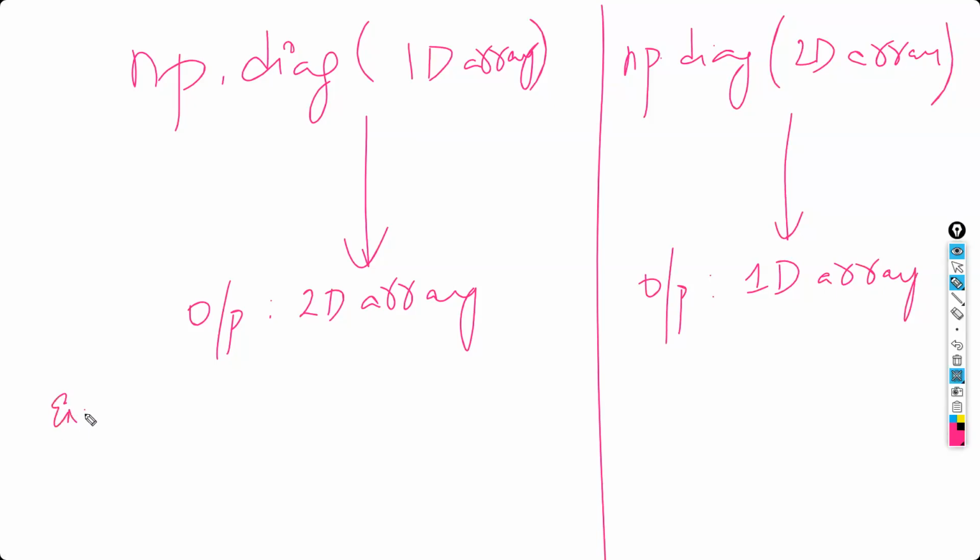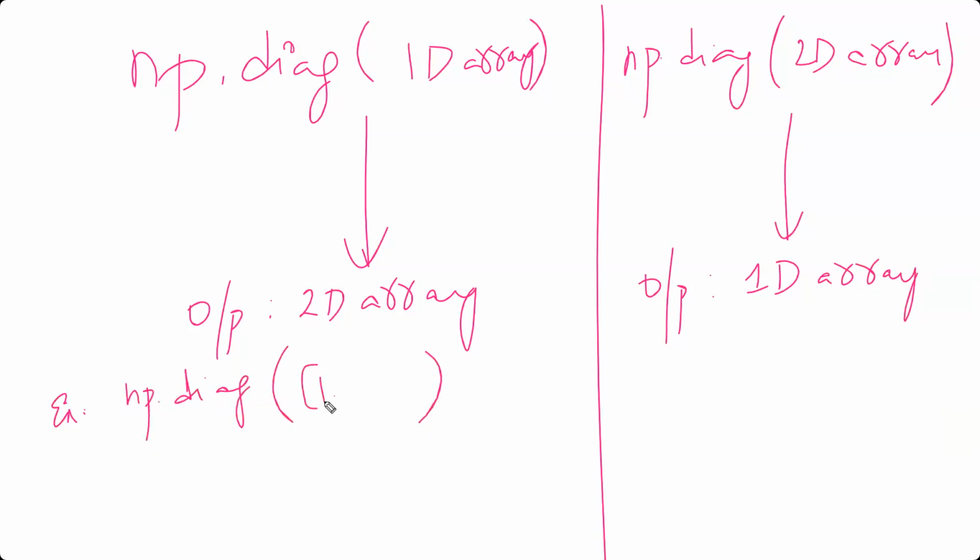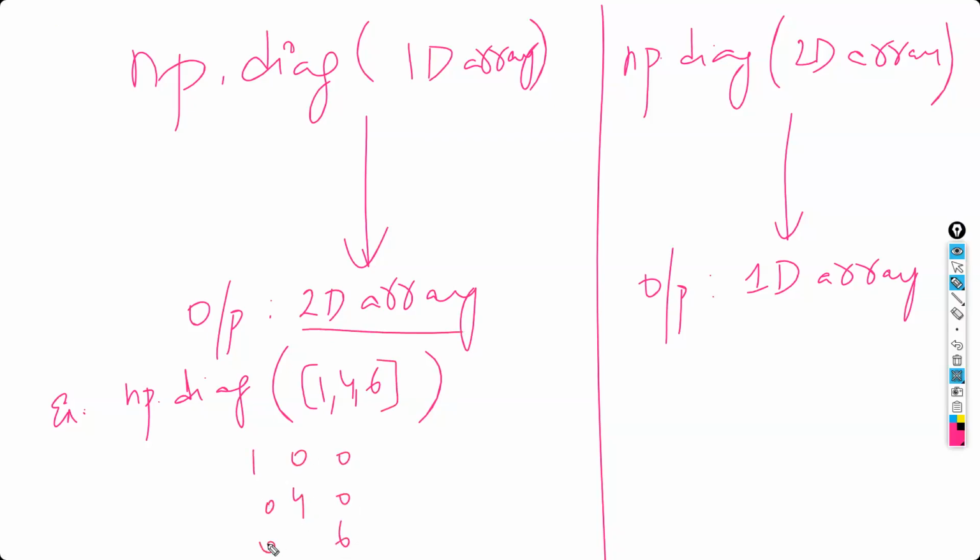Example: np.diag of, I'm going to give a 1D array, 1, 4, 6. Now it is going to give the output as a 2D array, that is 1, 4, 6 with the remaining values filled with zeros.